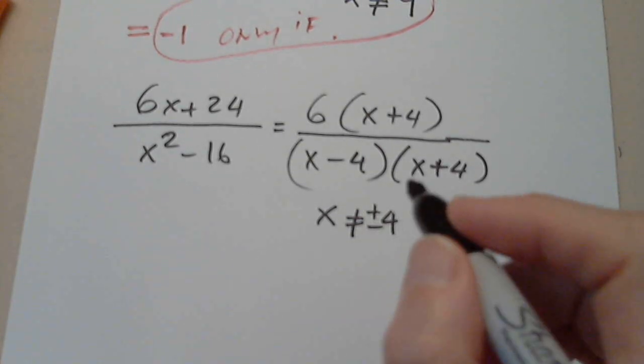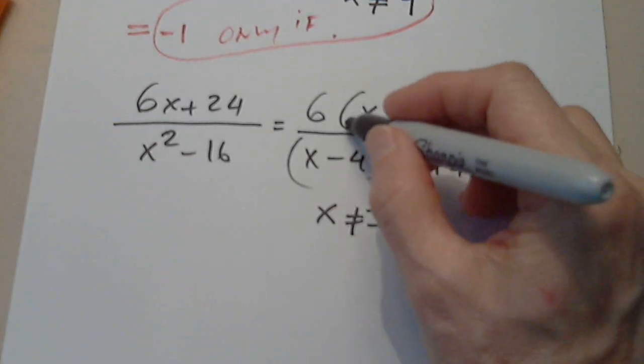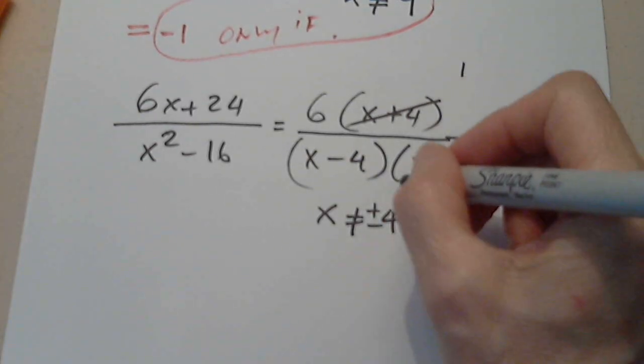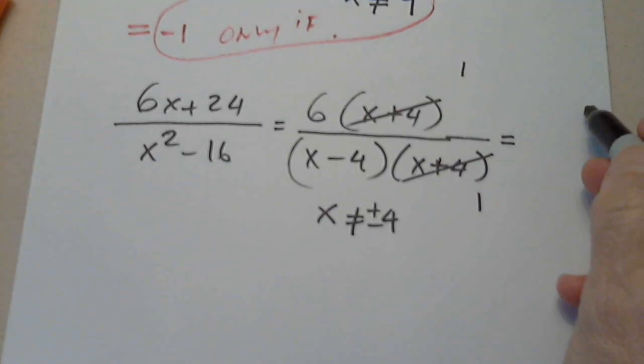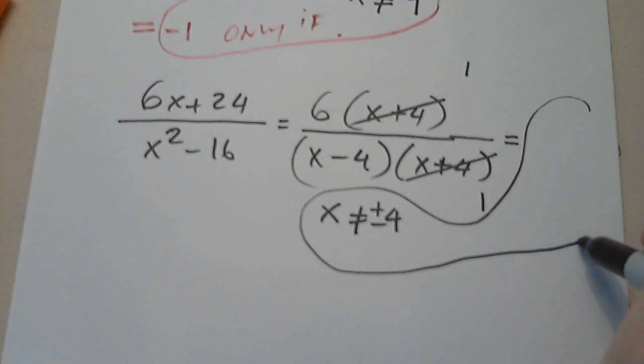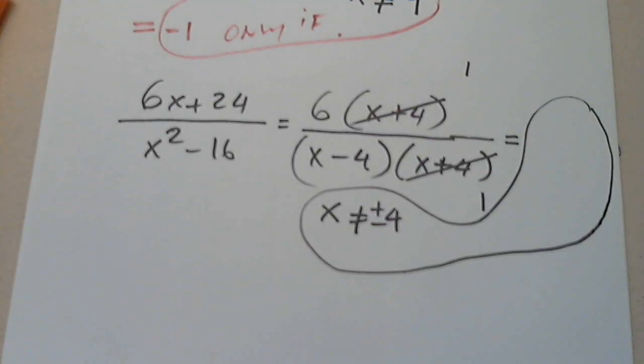Yes. Now I can simplify, and I will only simplify the common factors, one from the top with one from the denominator. Can anyone give us the simplified form? And it has to include the restriction or restrictions. What is the simplified form here?